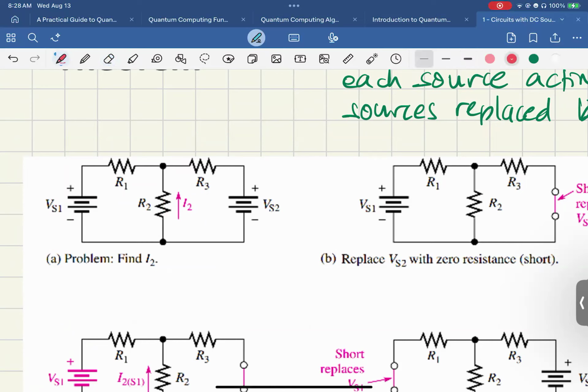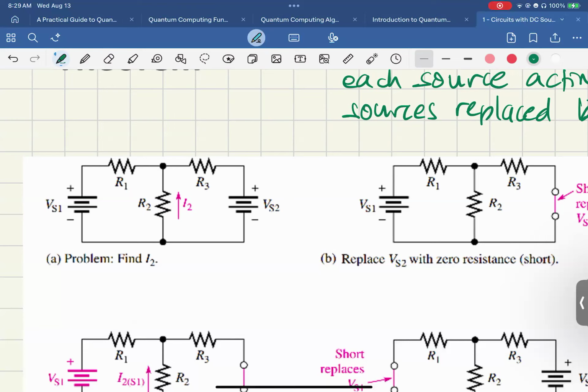Okay, so find I2. Para makita natin, first, dalawa yung voltage sources, VS1 at saka VS2. Para makita natin yung I2, i-replace muna natin yung isa, let's say VS1, with its internal resistance or short.